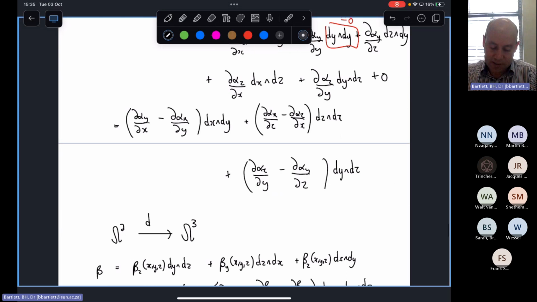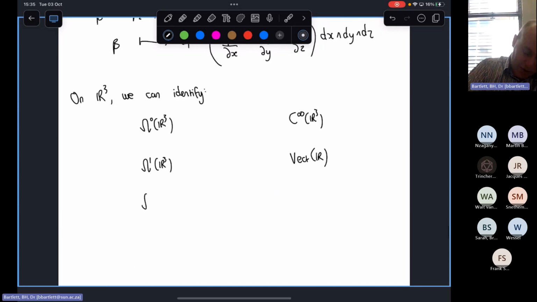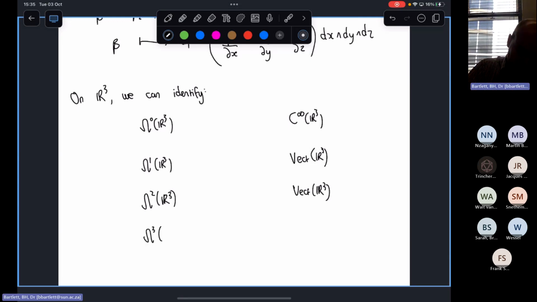So what am I saying? I'm saying that 1 forms on M identify with vector fields on R3. 2 forms on M also identify with vector fields on R3. And 3 forms on M or on R3 identify with just smooth functions on R3 again.